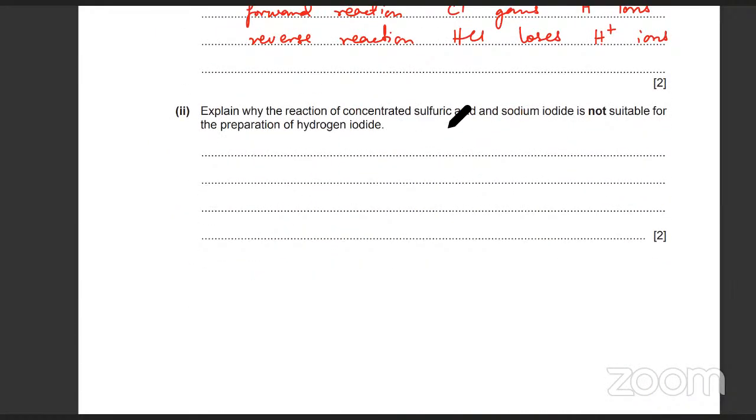Explain why the reaction of concentrated sulfuric acid and sodium iodide is not suitable for the preparation of HI. The reason is that with iodides, chlorides, and bromides, when you move down the group, they develop a tendency to lose electrons. They become good reducing agents.